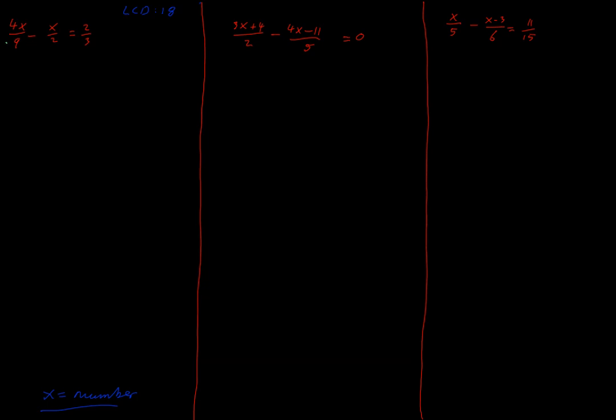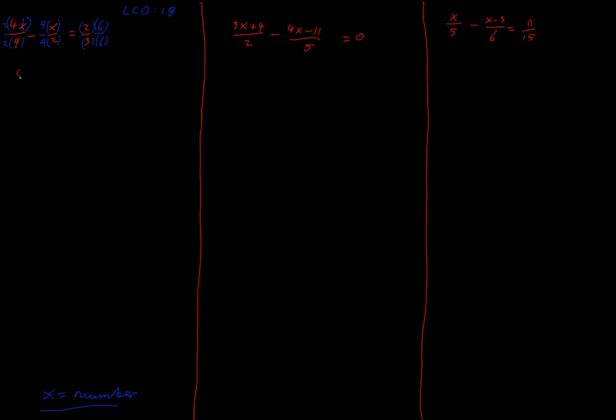Well, we're at 9 at the moment, so let's multiply by 2 to get to 18, and to keep our fraction the same, we're going to have to multiply on the top by 2 as well. And on our second fraction we're at 2, so we're going to need to multiply by 9 and do it on the top as well to get to 18, and then our 3 we need to multiply by 6 to get to 18, and we must do the same thing on the top as well.